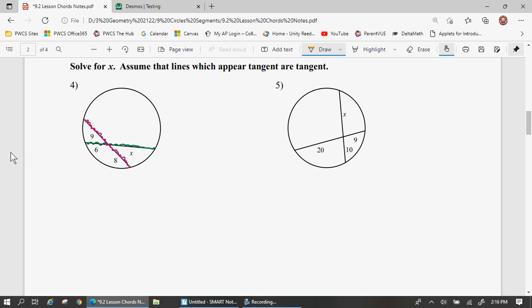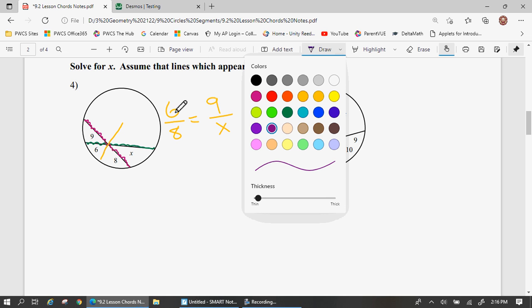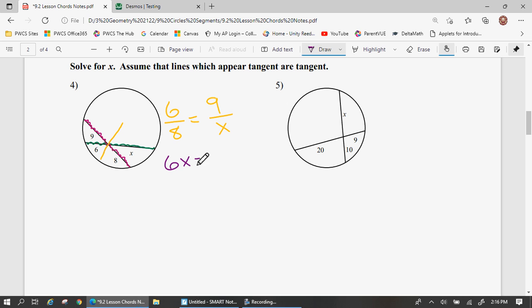And what we did in the triangles is we drew a line and it became fraction bars. I can draw a line through here, and I have a fraction 6 over 8, and a fraction 9 over x. And we can cross multiply: 6 times x, 9 times 8.